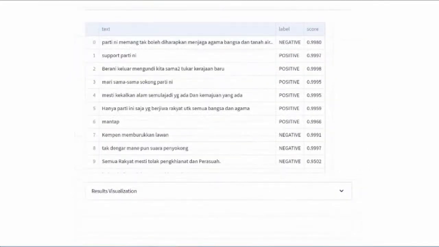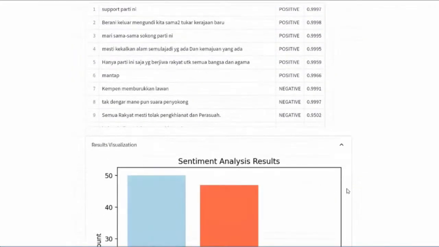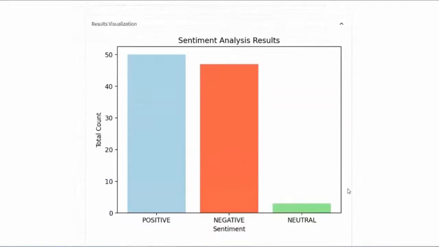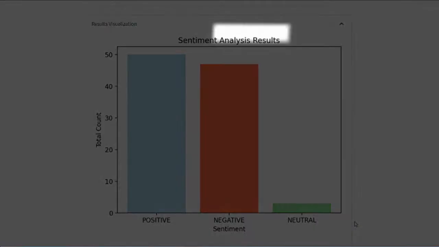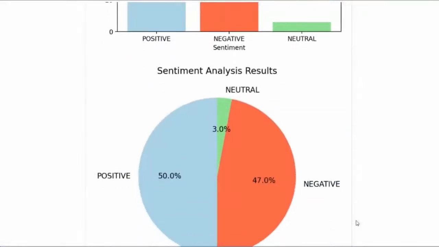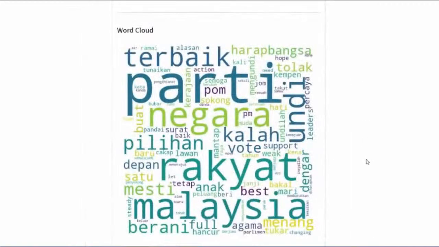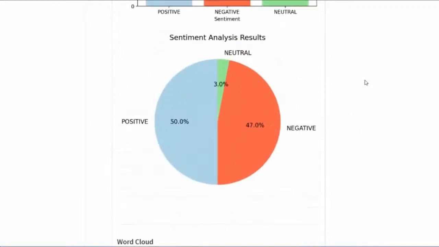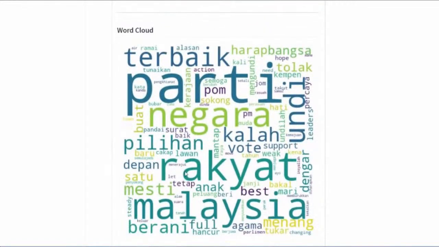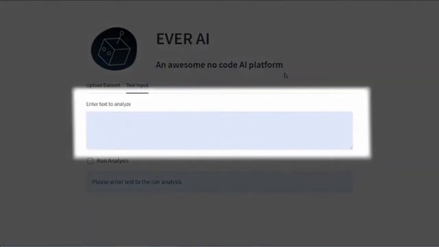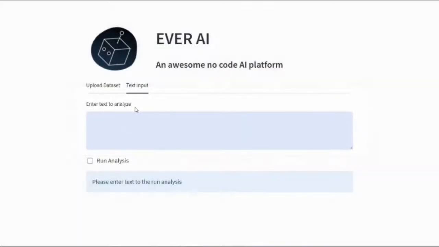The sentiment analysis results are shown with our visualization. Here we are providing a bar chart to differentiate the distribution of each sentiment, a pie chart for the percentage distribution of each sentiment, and a word cloud that indicates the size of each word's frequency and importance.